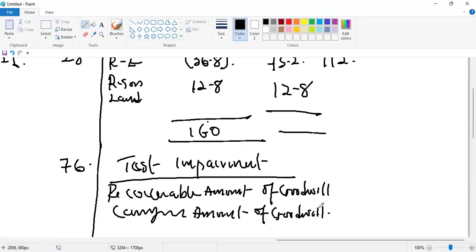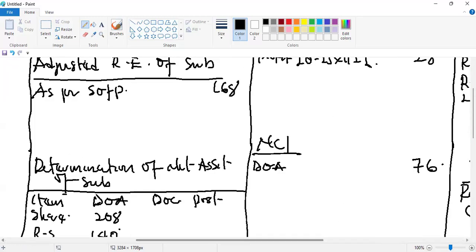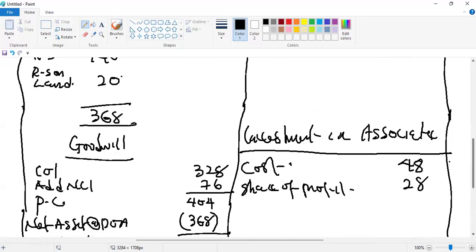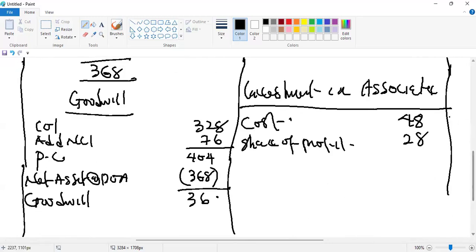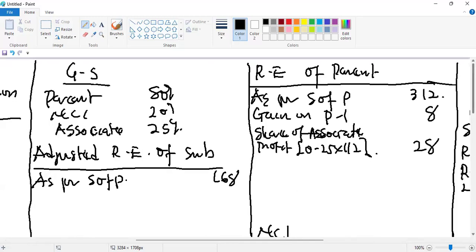Let's go and check the carrying amount of our goodwill, which we have calculated as 36. It said recoverable amount is 24. That means it has impaired.